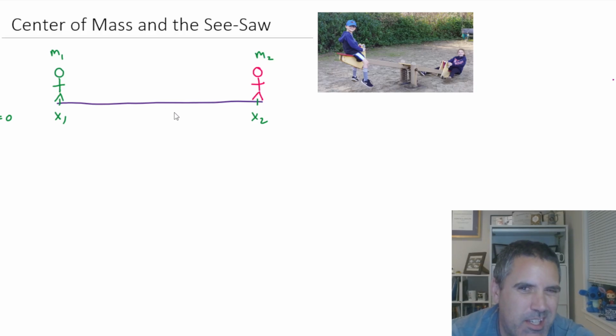Usually in class I say, what if this person weighed more? Maybe this is me over here, a little bigger around. I would ask students, where would you put the balance point, assuming the seesaw itself doesn't have any mass? And you put it a little closer to that side. We call that the fulcrum or the balance point.